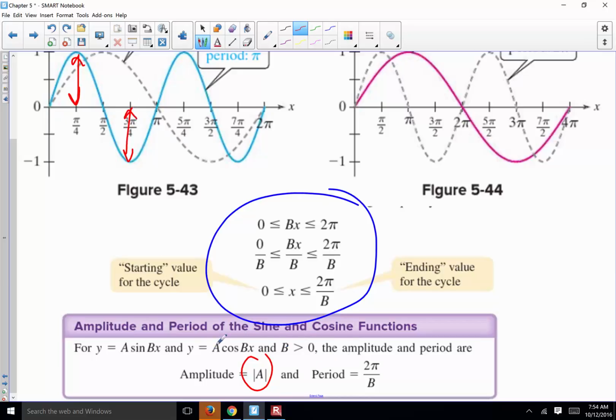And it depends on the number in front. If there is no number in front, it's 1. And period is always computed by 2 pi divided by this number. Again, if this is 2, it shortens to pi. If it is 1 over 2, it widens to 4 pi. It takes longer to make that turn.